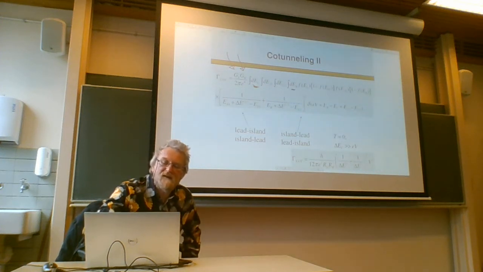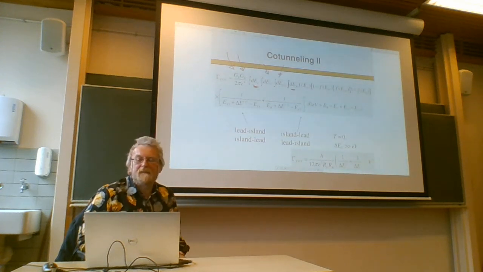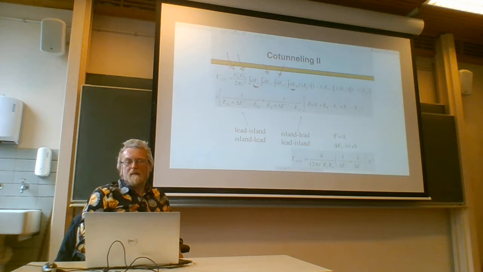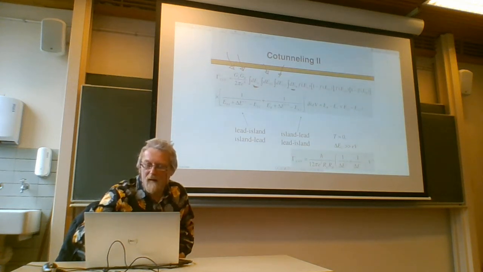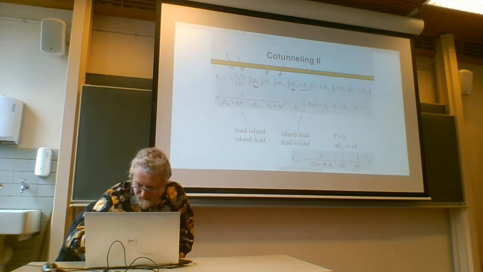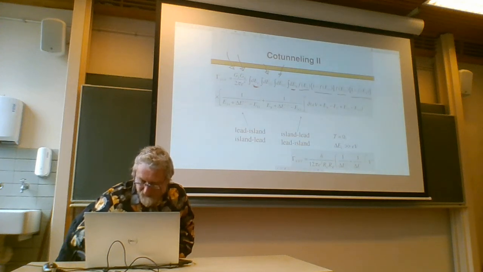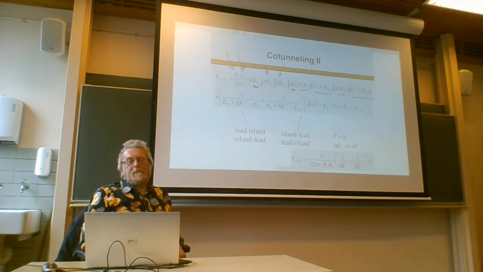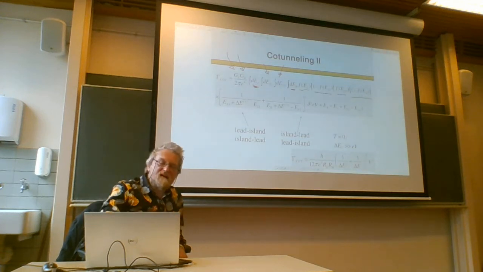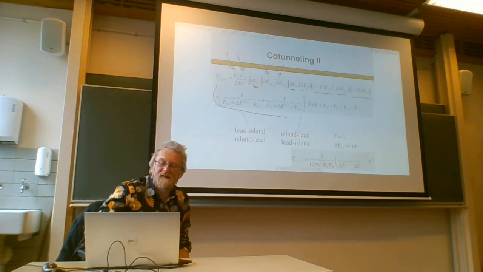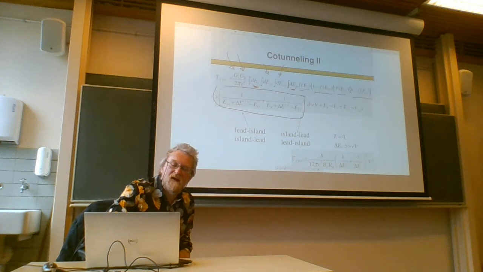And there are energies of the states in the island they come from. All these states have to be free, all these states have to be occupied. So there is an energy difference between virtual states.